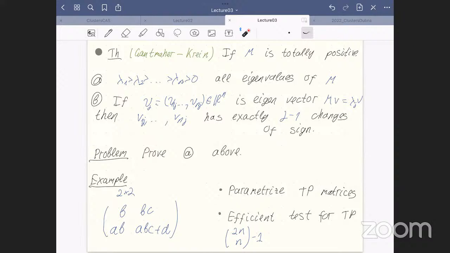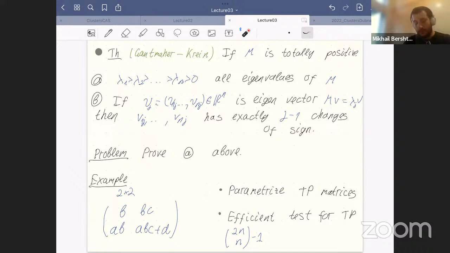Sorry, why is there minus 1? I didn't understand in the last computation. For n equal 2, how many minors should you check? 4 and then one more, so 5.